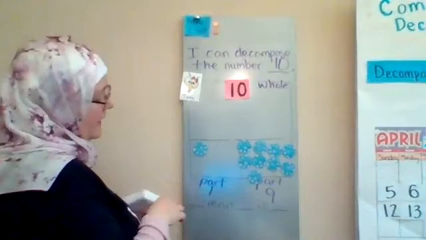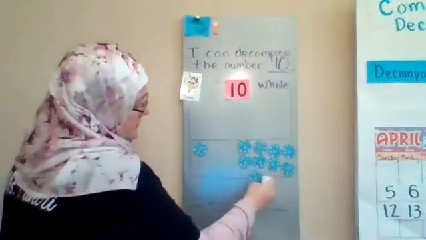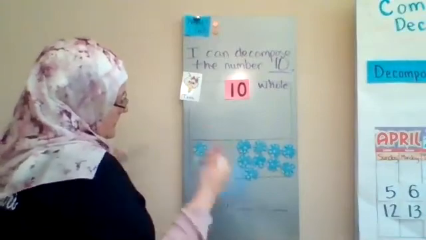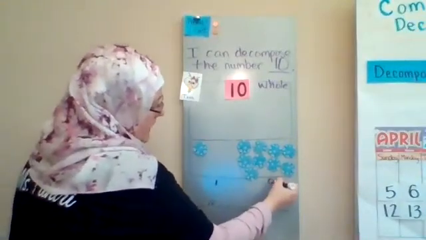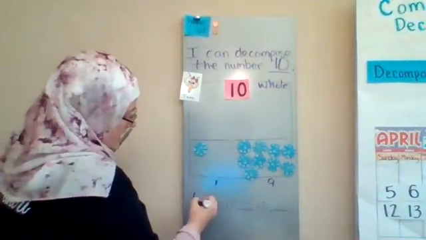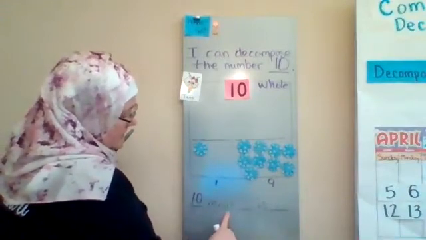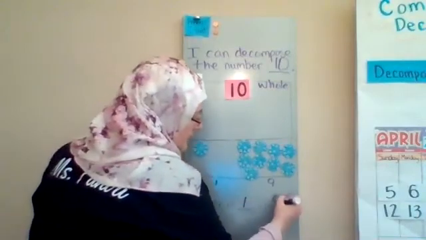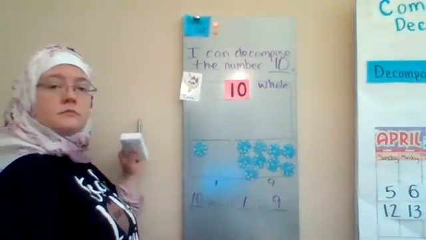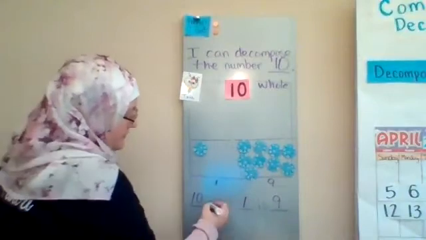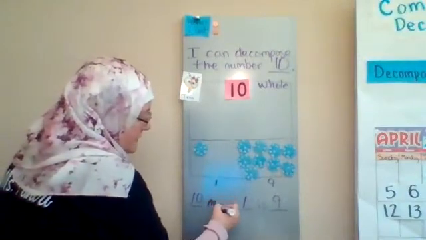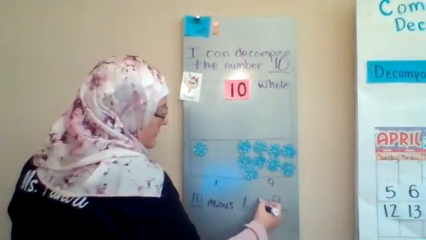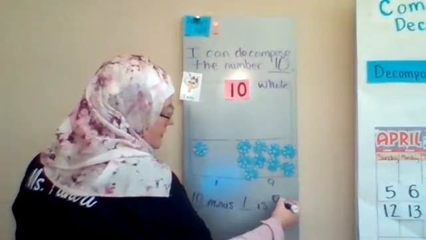So let's try writing it now. We said this was 1 and this one is 9. So 10 minus 1 is 9. Write it along with me. The word minus 1 is 9.